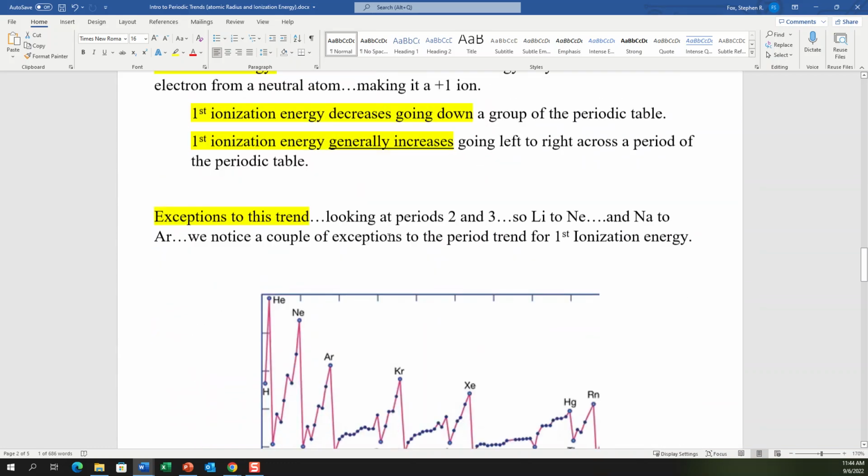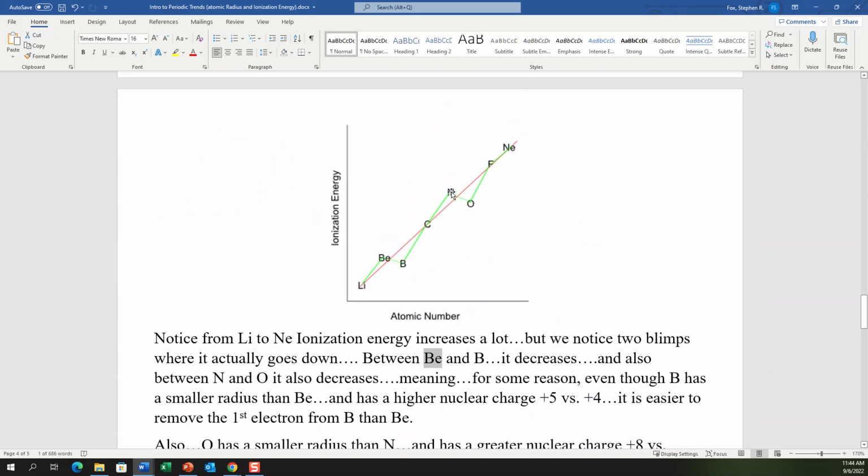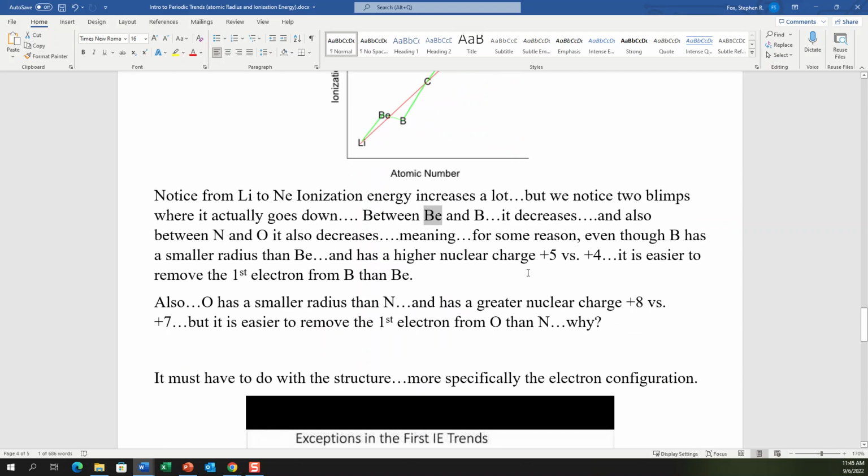But ionization energy is telling us it's actually more difficult to remove a nitrogen electron than an oxygen electron. And again, we're talking about the first electron. And the same thing, it's more difficult to remove a beryllium electron than it is a boron electron, even though boron has a +5 and beryllium has a +4, even though oxygen has a +8 and nitrogen has a +7.